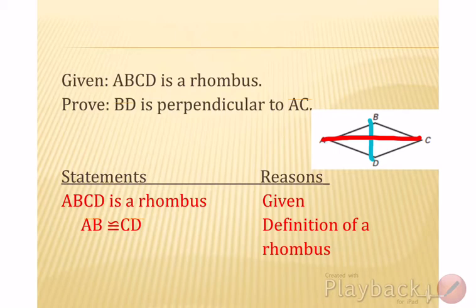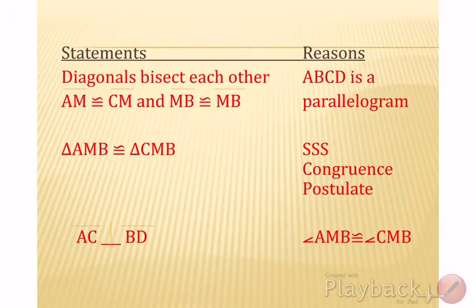So let's see if I can highlight that for you. AB is congruent to CD. My next statement is that diagonals bisect each other because ABCD is a parallelogram.